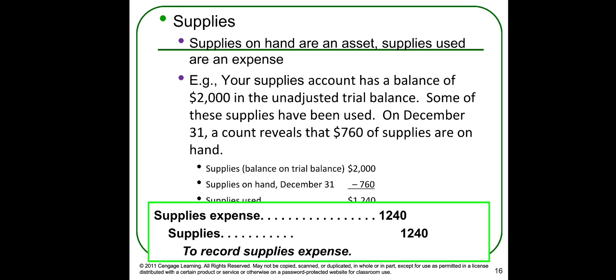So debit supplies expense, and you just memorize this: credit the account supplies. The supplies account is the account for supplies asset. So when you use the supplies, the supplies expense increases and the supplies asset decreases. That's why you credit the account supplies asset.